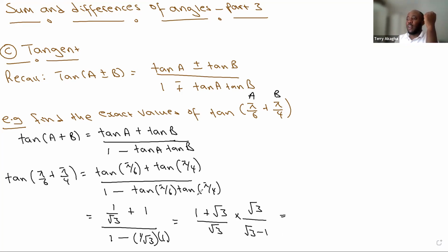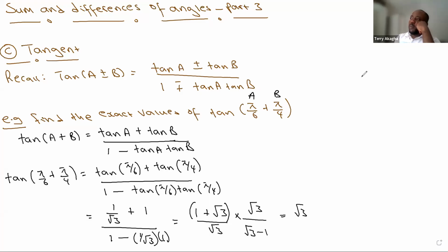This multiplied by that will give you root 3, and this multiplied by this will give you 3. Then you do the same thing for the other: root 3 times root 3 will give you root 9, and root 9 is 3. Is that okay? So you apply the same principle.